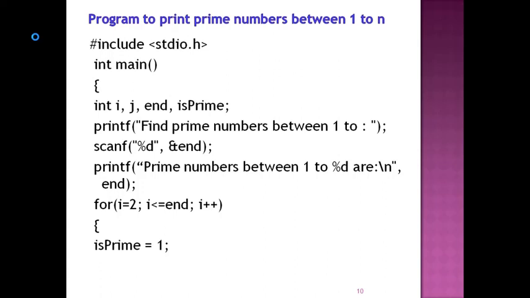Now we are trying to print the prime numbers between 1 to n. Here the same simple logic is used, but we will check the numbers from 1 to n.